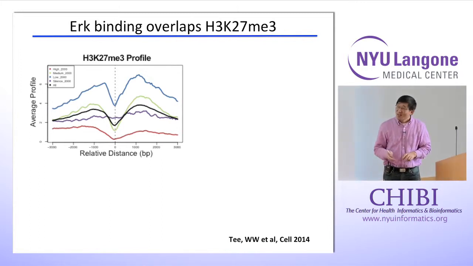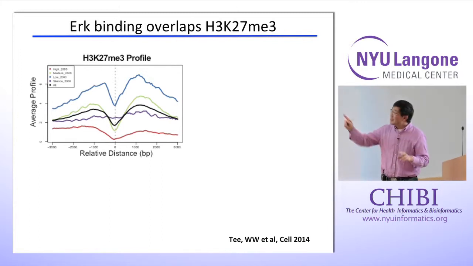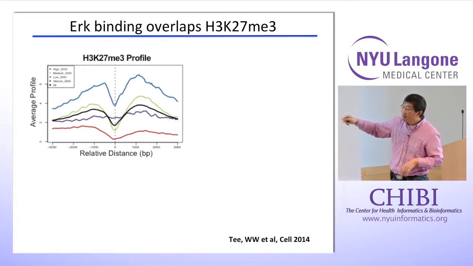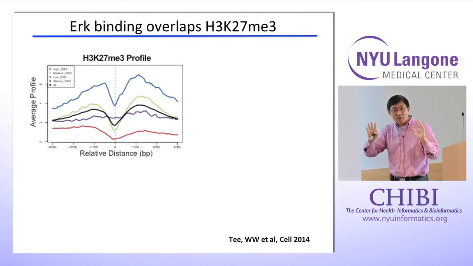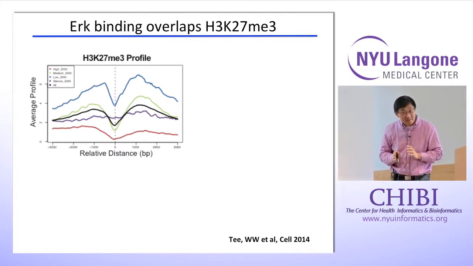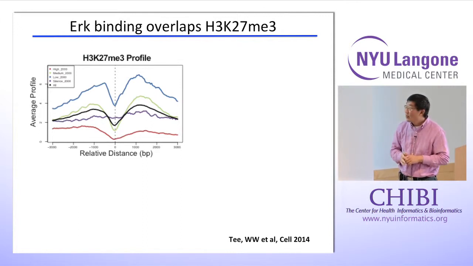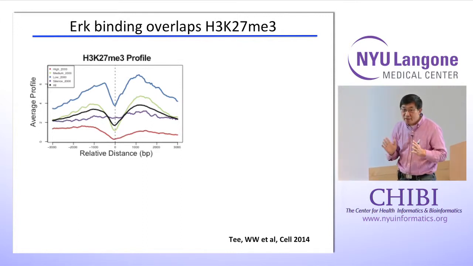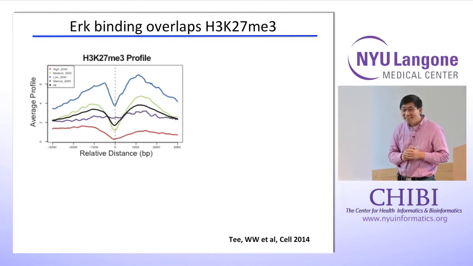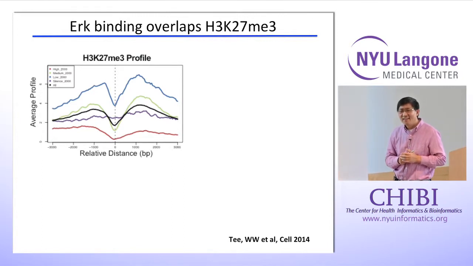We did basically, this is well known, everybody knows H3K27 occupies the region of really low expressed genes. But what we didn't know was about ERK. Is it the phosphorylated form, or just ERK?